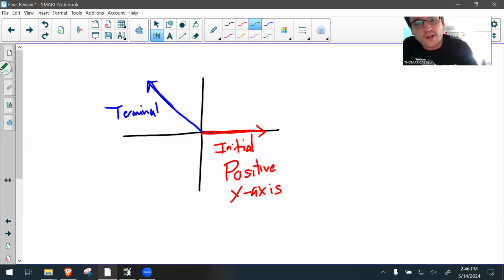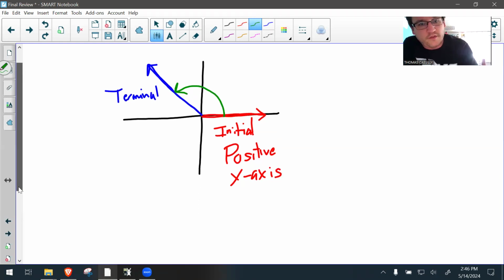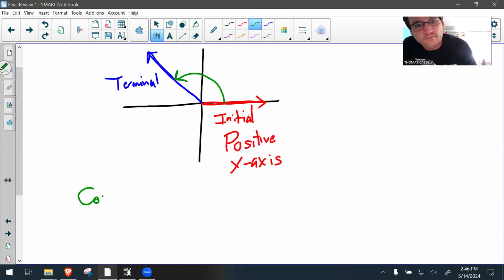And I went on a rant in the last video that said counterclockwise angles are positive angles. I'm just going to write that one more time. Counterclockwise angles are positive.